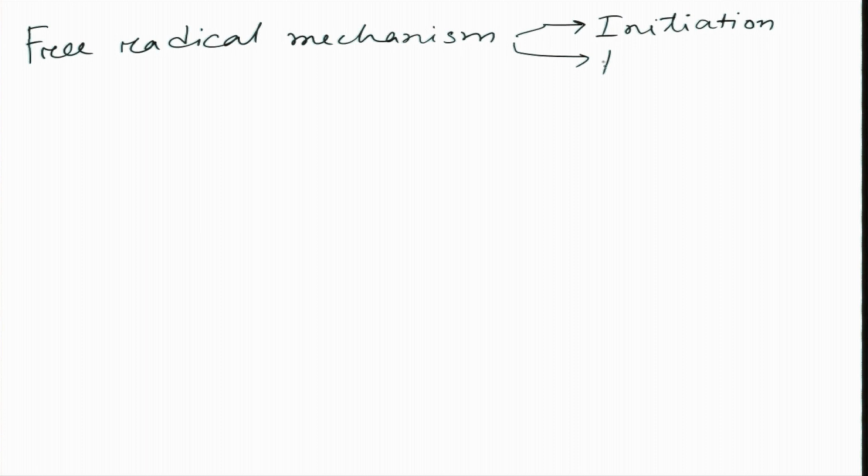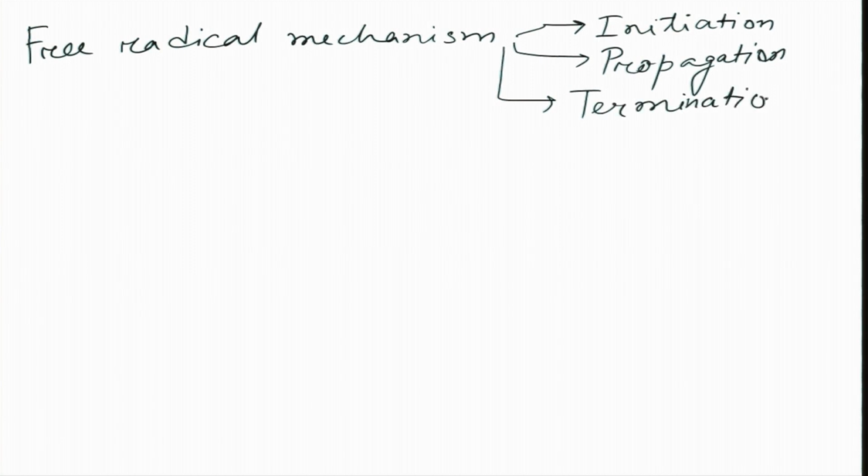The second one is propagation, like how the reaction propagates or moves forward, and the third is termination, that is ending the reaction. Before reading about the mechanism, we will see what the reaction actually is.